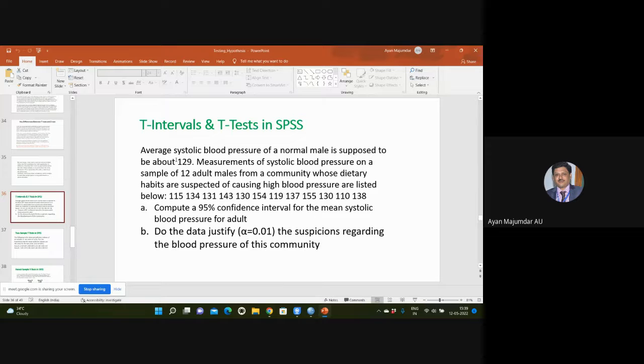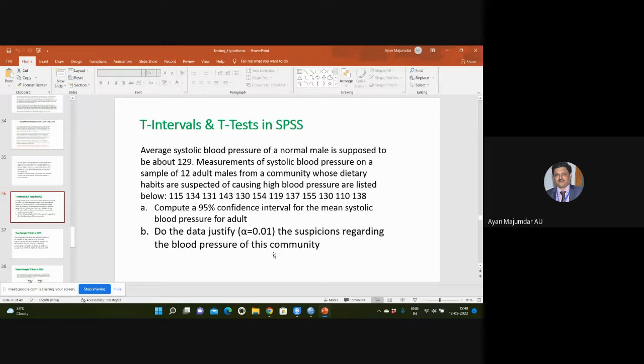Now, that group has a chance of high blood pressure. The food habit is such that there is a chance of high blood pressure. So a sample of 12 blood pressures has been collected. Now we need to test at the 1% level whether that group has high blood pressure or not.